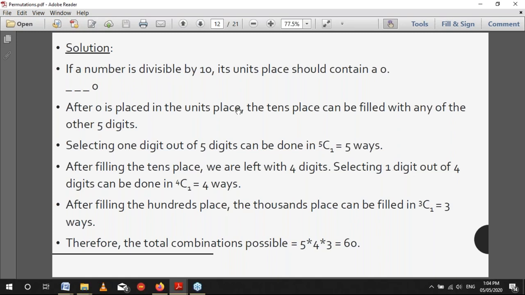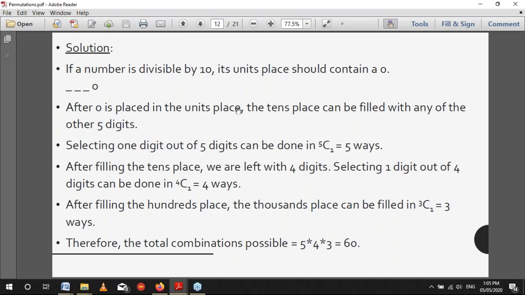So let's just continue. If a number is divisible by 10, its unit place should be 0. After 0 is placed in the unit place, the tens place can be filled with any of the other 5 digits. Please just try to get along with me. Selecting one digit out of 5 digits can be done in 5C1, which is 5 ways.